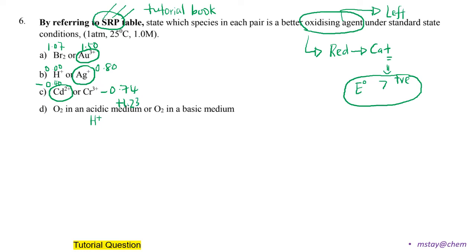Then look at another half equation, where there is oxygen in basic medium, which is OH negative. Here we can see that the SRP value is positive 0.40. So between these two, oxygen in the acidic medium has the more positive electrode potential, so it will act as the cathode, undergo reduction, and be the oxidizing agent.